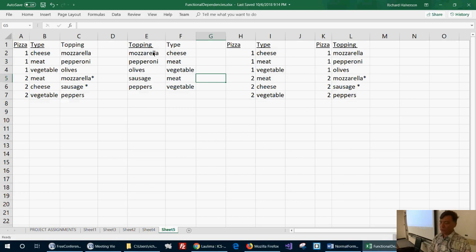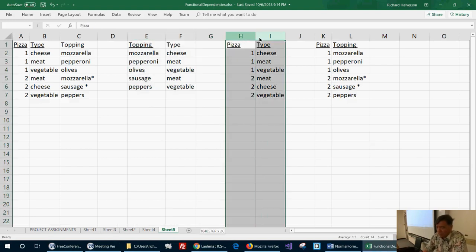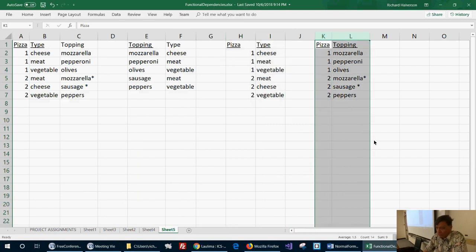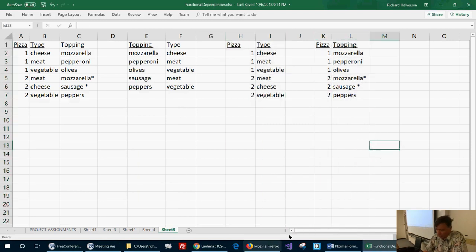So if you naturally join the whole thing together, you'll get the original valid table back with the pizzas and the ingredients being properly typed. So you see why you need this, and this, and this.